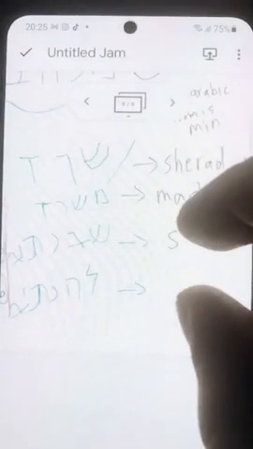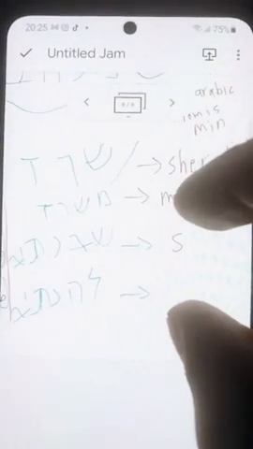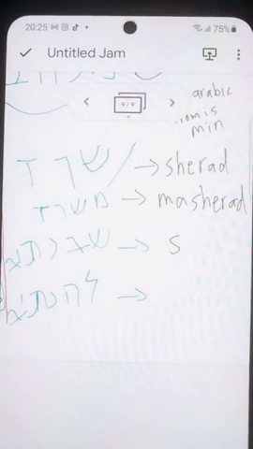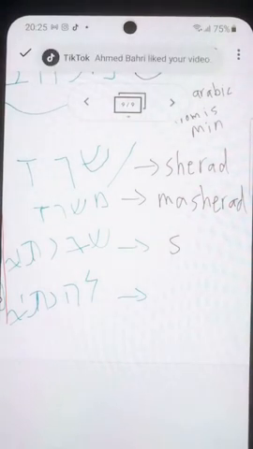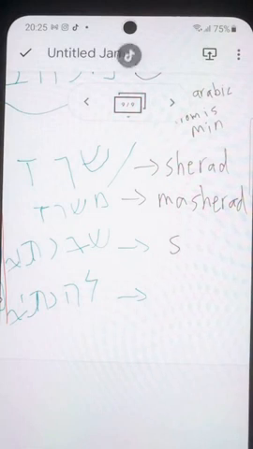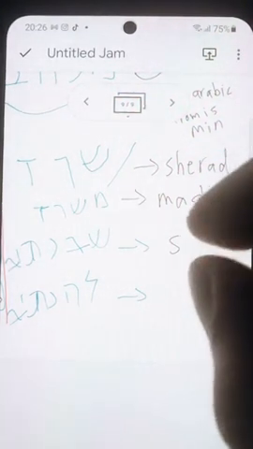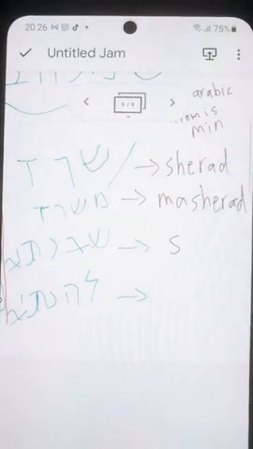Now, the long vowels are the equivalent. So, long vowels, the long A, long wow or O sound, and long E sound or yod. So they are like this. We put an alif to the letter that we want to give a long vowel.